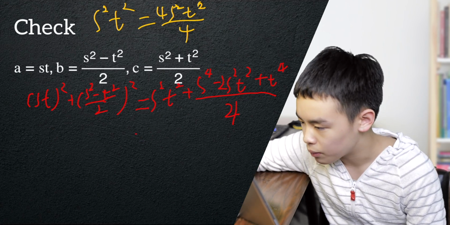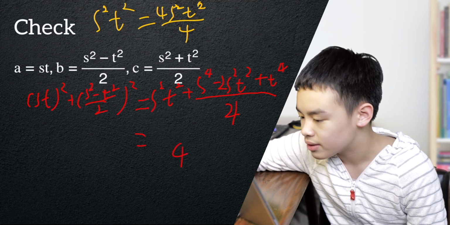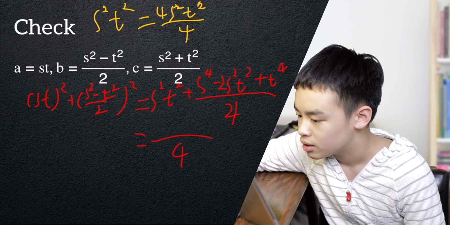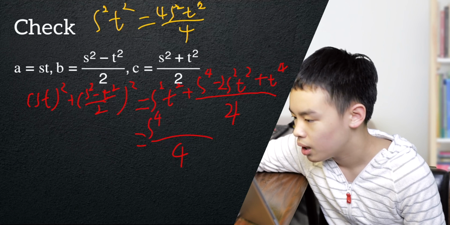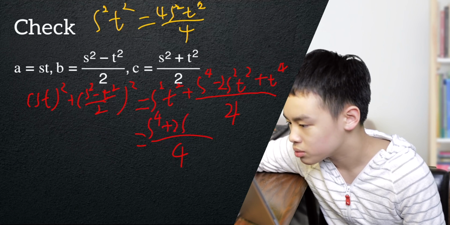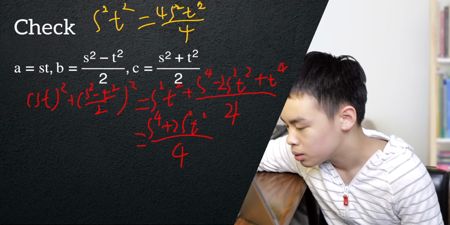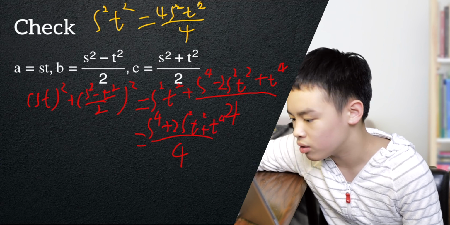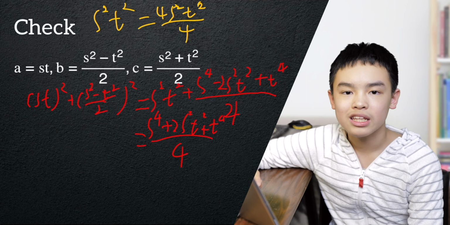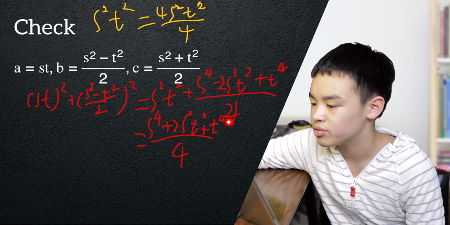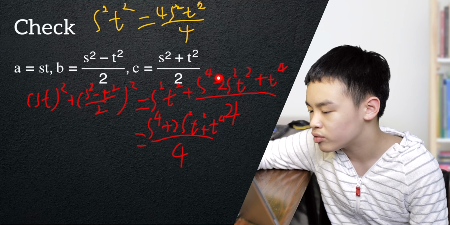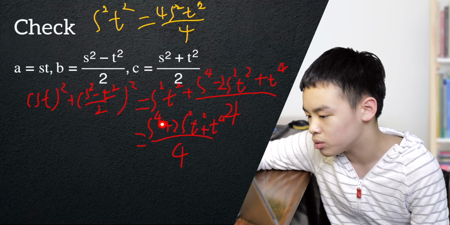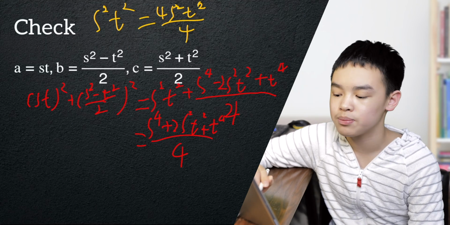So let's combine those, and we get (S to the 4th power plus 2S squared T squared plus T to the 4th power) over 4. And we see that the only change between this fraction and this fraction is the change of this negative to positive, and it actually makes a big difference.